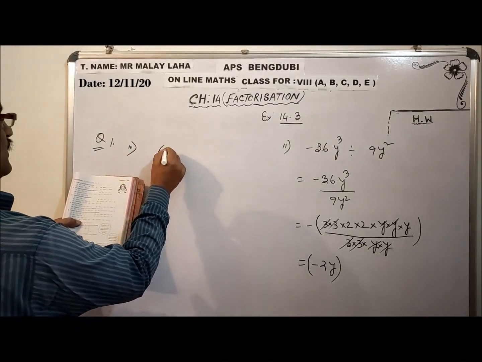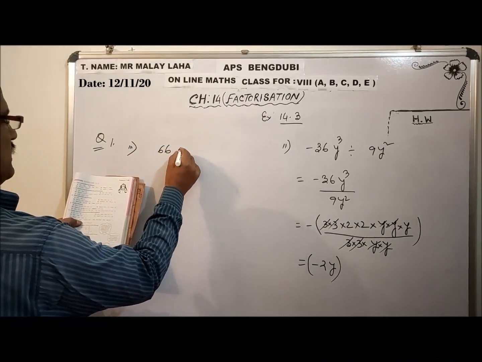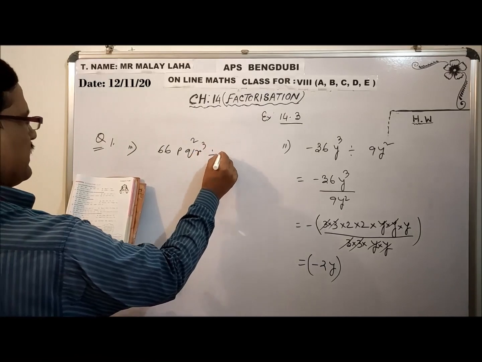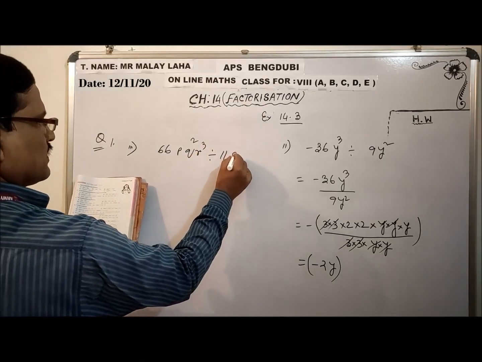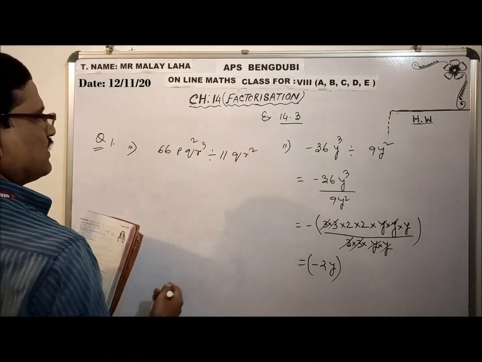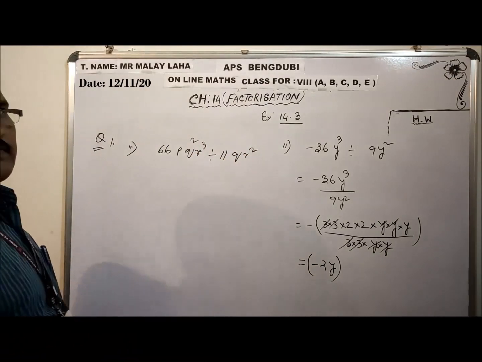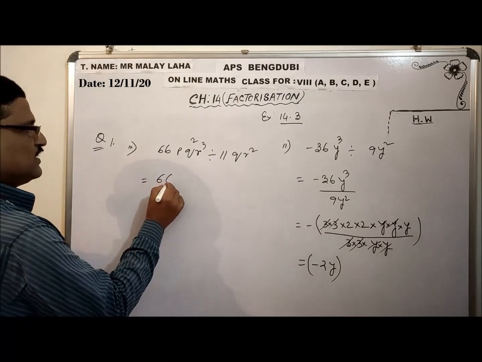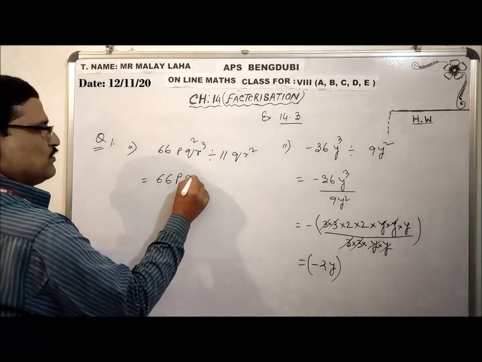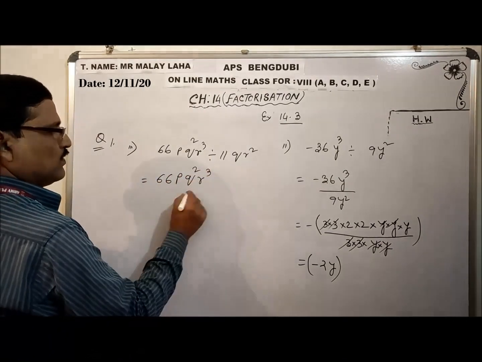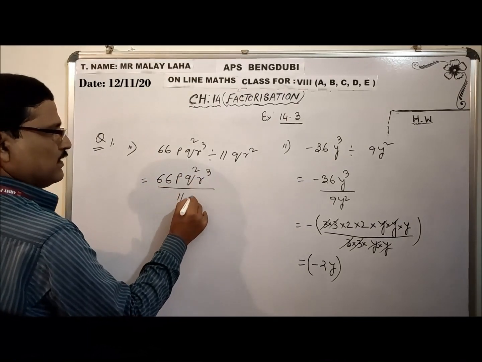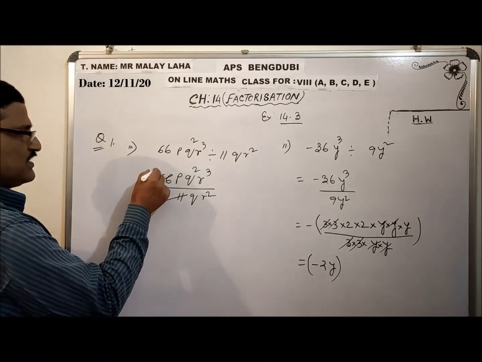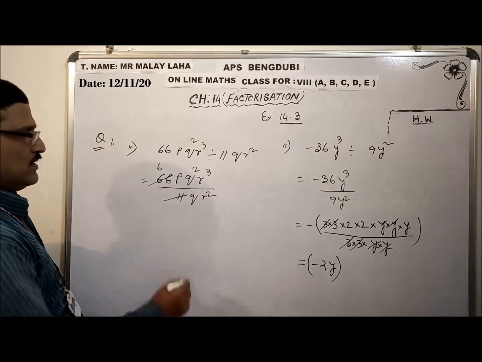So now 66 p q square r cube divided by 11 q r square. This time I will cut by following the exponent rule. So 66 p q square r cube divided by 11 q r square. 11 sixes are 66.